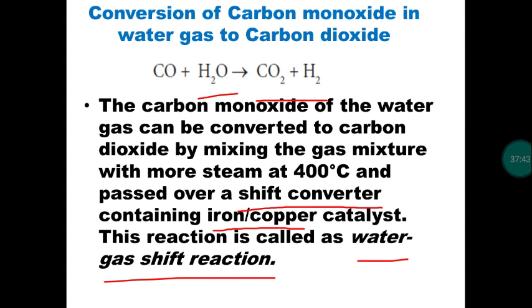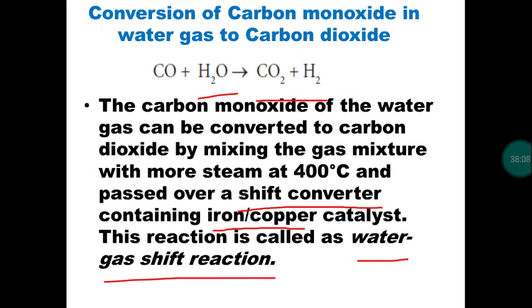So this water gas should be separated. We need only hydrogen, so we don't want any carbon monoxide. For that, to remove carbon monoxide first, it is converted into carbon dioxide. When steam is passed with water gas at 400 degrees Celsius in a shift converter where copper or iron acts as a catalyst, carbon monoxide is converted into carbon dioxide.